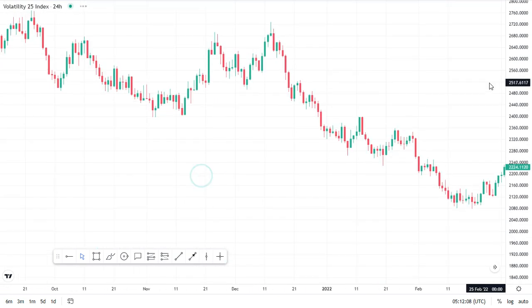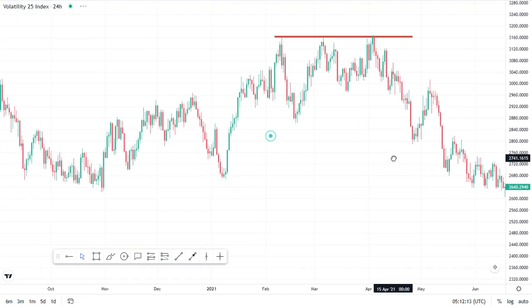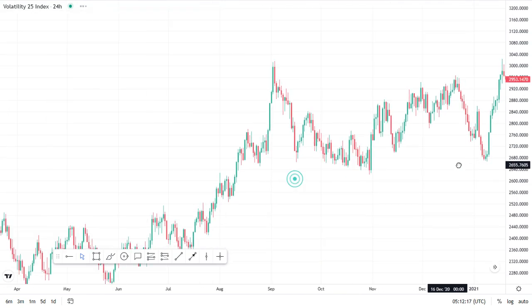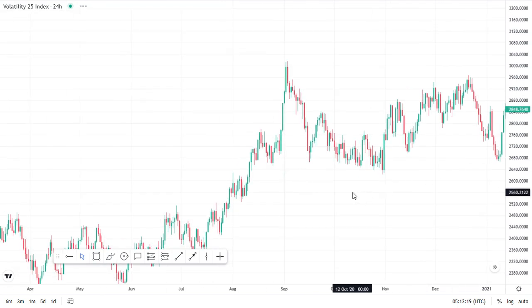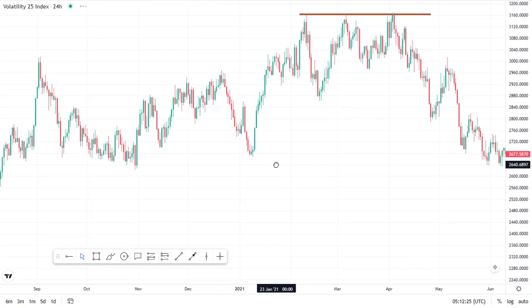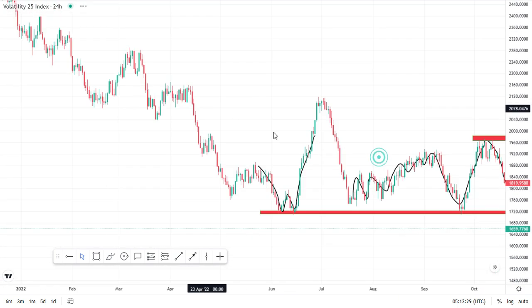You can also see other reversal patterns. Maybe let me see if I can picture a head and shoulders pattern anywhere close here.